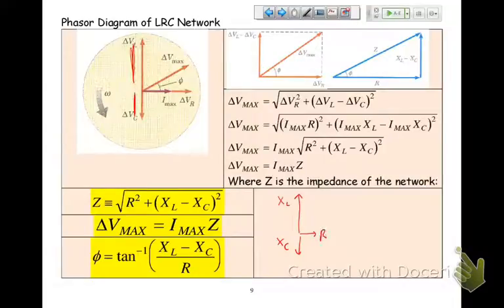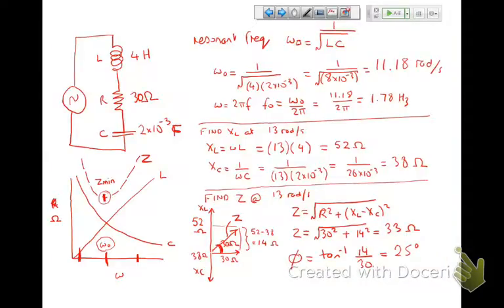It might be that XL is smaller than XC. If you think about it, in my example, I deliberately picked a frequency which was higher than my resonant frequency. So that means I'm going to get a bigger reactance for the inductor because I'm higher. And so that's what I found. My reactance for the inductor was 52.